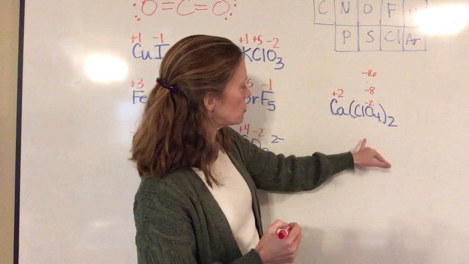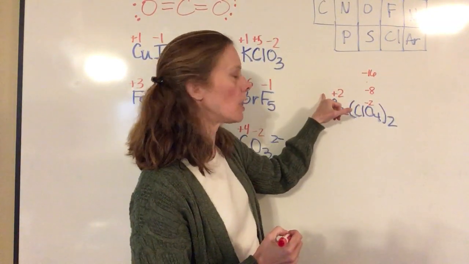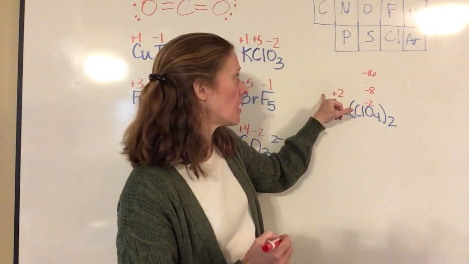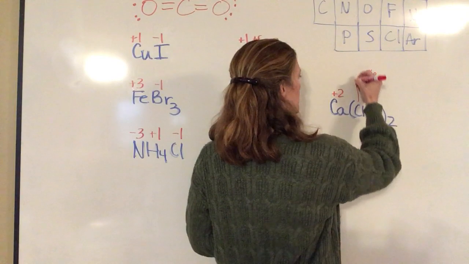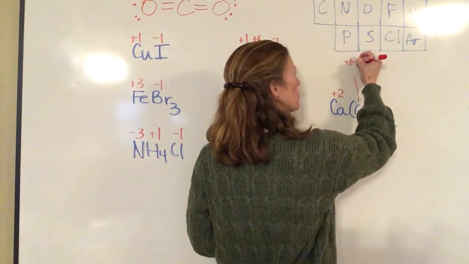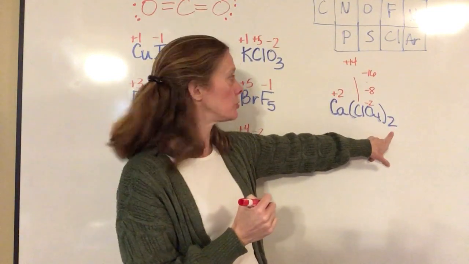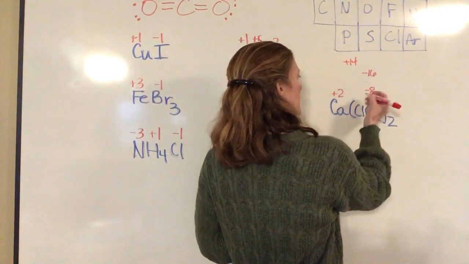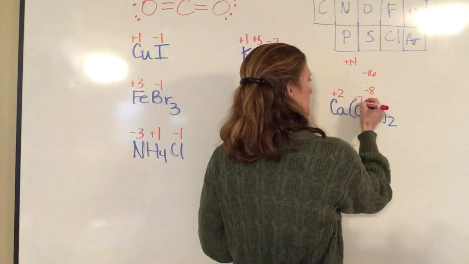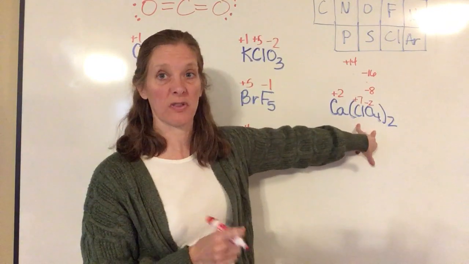So an oxidation number of -16 and an oxidation number of +2 is going to give me a difference of +14. So that means the chlorine has to give me a total of +14, but again, there are 2 of them in order to do that job. So each chlorine, if I divide that through by 2, is going to have to be a +7. And you can see those are the same numbers that I ended up with the first time I did it.